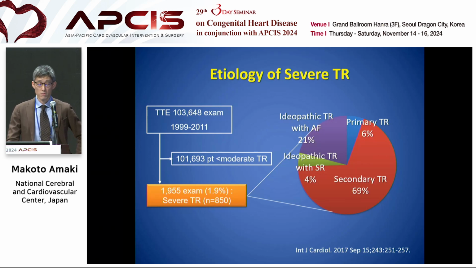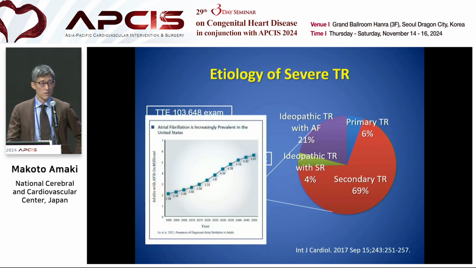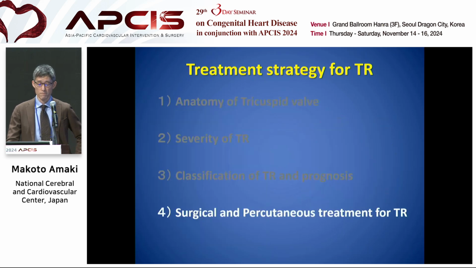Primary TR was only 6%, and the rest is mainly idiopathic TR with atrial fibrillation. With the aging society these days, including Korea and Japan, atrial fibrillation incidence is increasing. So I think these idiopathic TRs would be more prevalent in the near future.